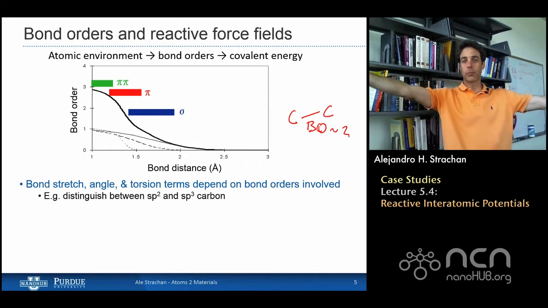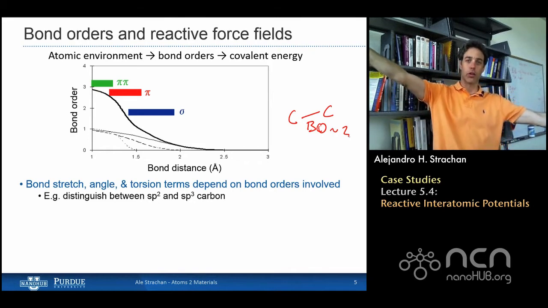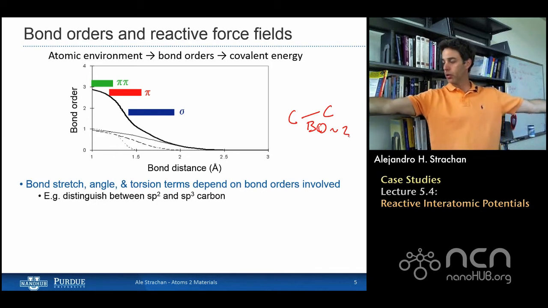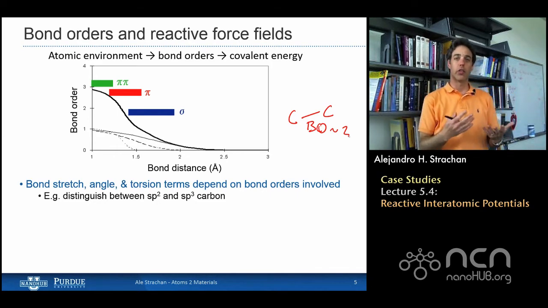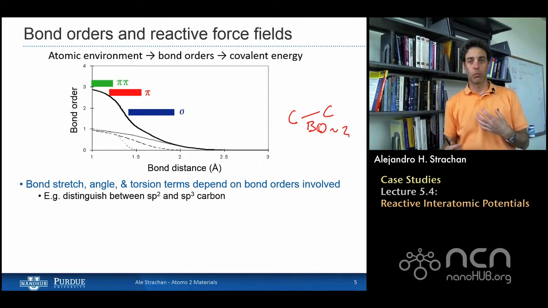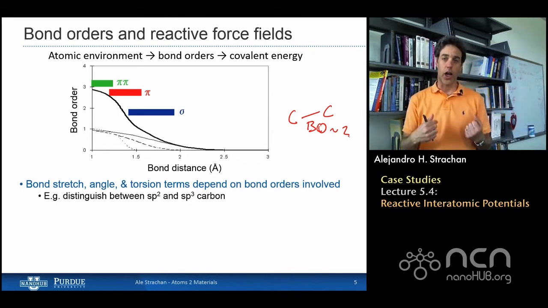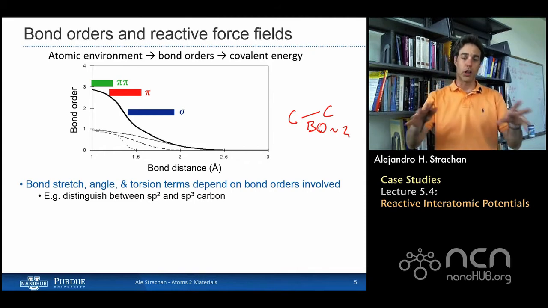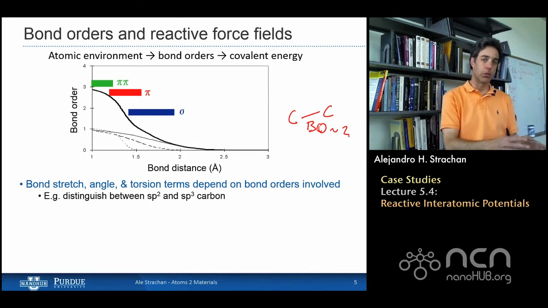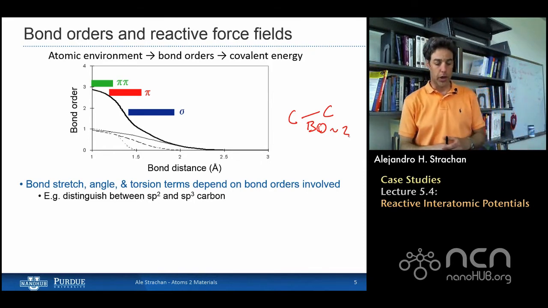When I go from sp3 carbon with an angle of 109 to sp2 carbon with an angle of 120, that's the same thing. So the bond order between atoms, and the total bond orders on each atom, determine the potentials that I use for torsions, for angles, the equilibrium angles, the torsional barriers.